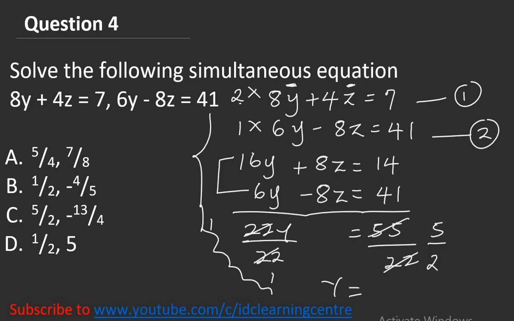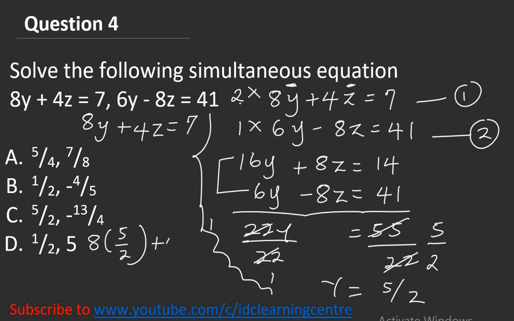So from equation 1, we already have 8y plus 4z equal to 7. We know that y is equal to 5 over 2, so we replace y with 5 over 2. Here, 8 times 5 over 2, then we have plus 4z equal to 7.